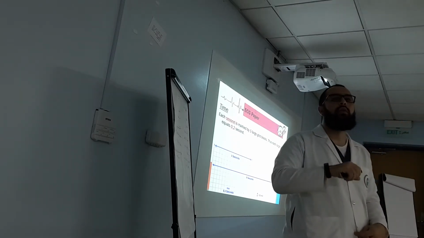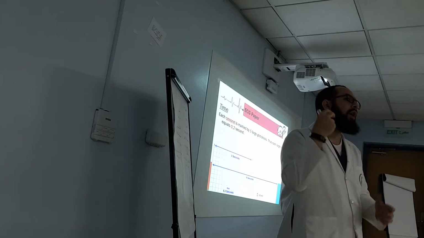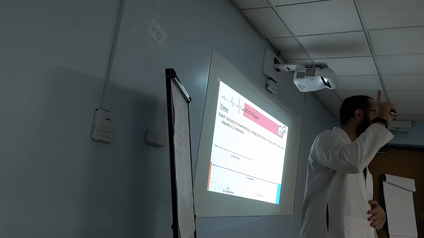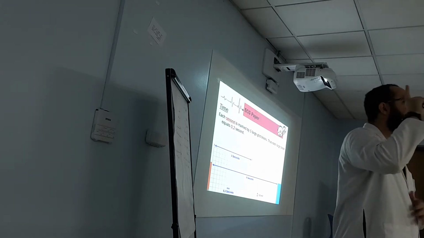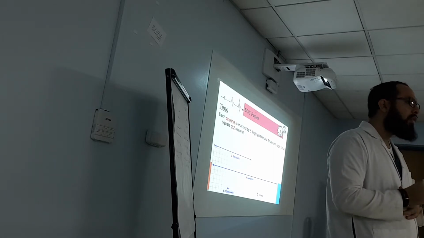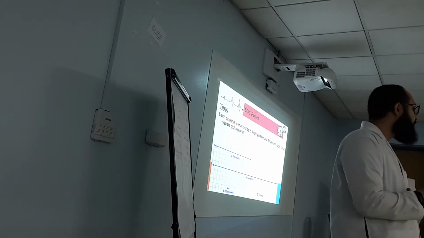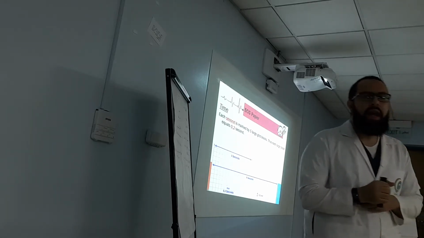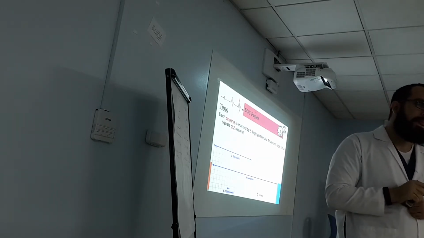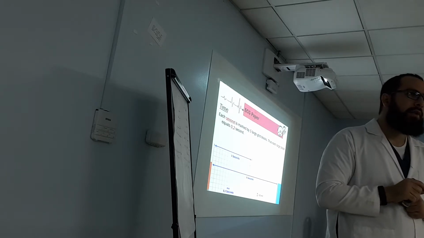So now we talk about small squares. How many small squares in 60 seconds? Now I have 1 second, how many small squares? 25. Each second 25. Now I multiply 25 by 60.